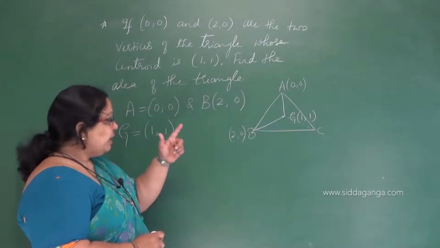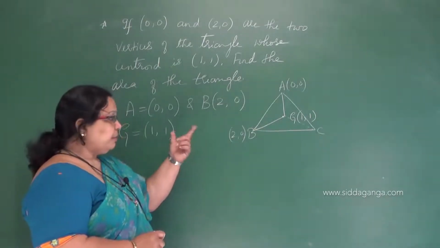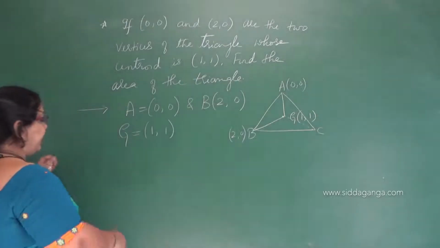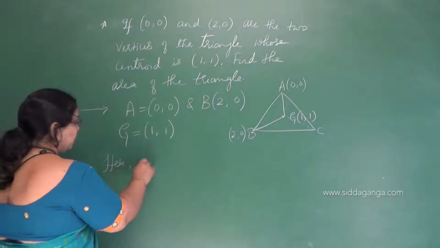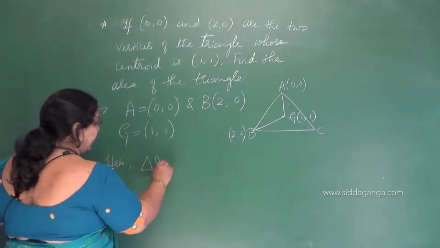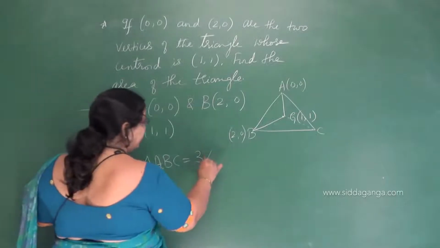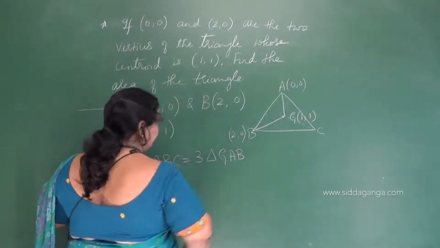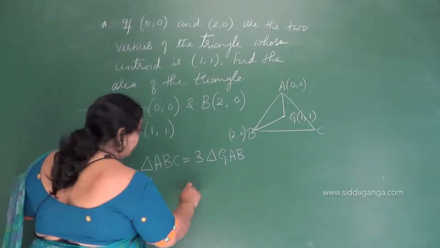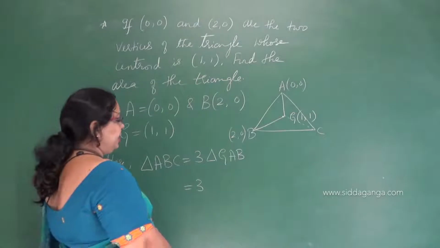So find the GAB triangle area, then it becomes the area of the triangle ABC equal to thrice the area of the triangle GAB. So that is equal to 3 into area of the triangle GAB.